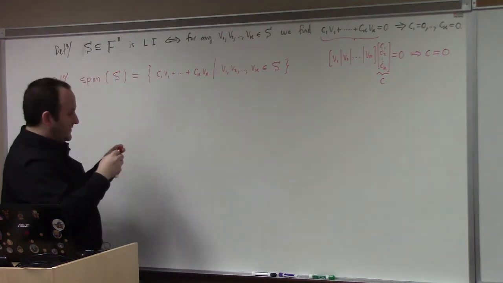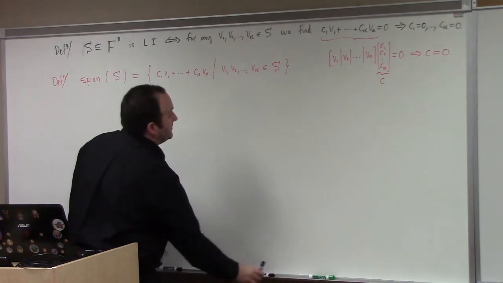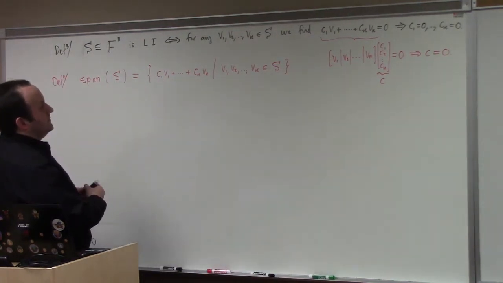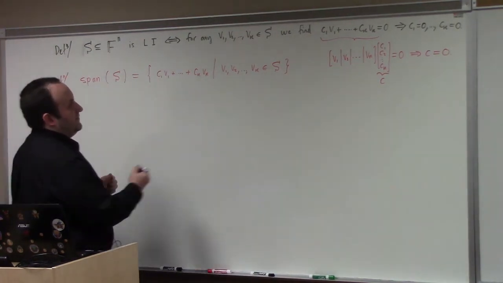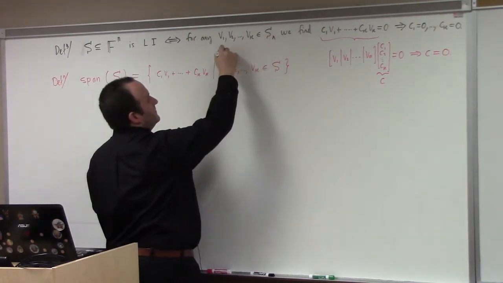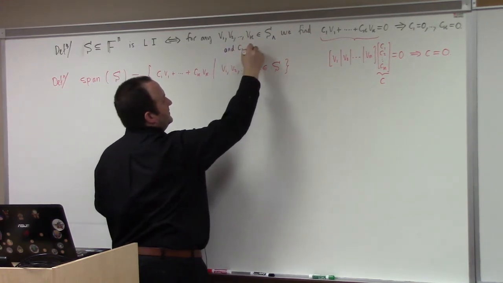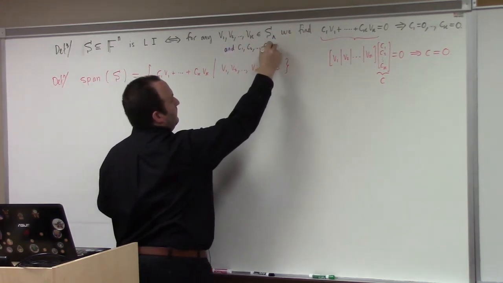For both of these, I really should say, I'm sorry, kind of an important aspect of this. I should put it right here: c1, c2, ..., ck, and where?